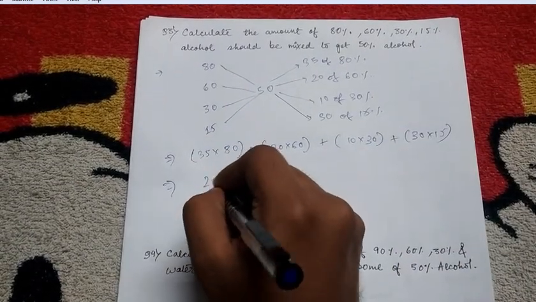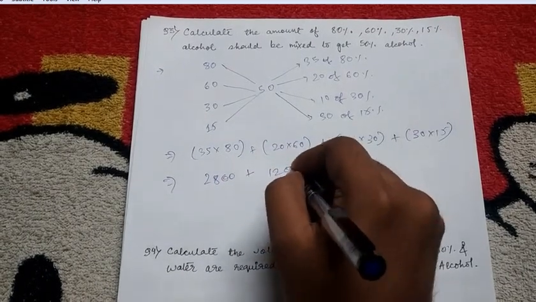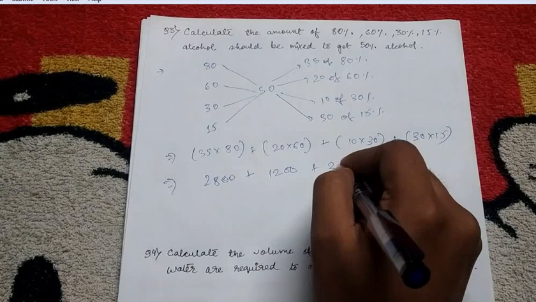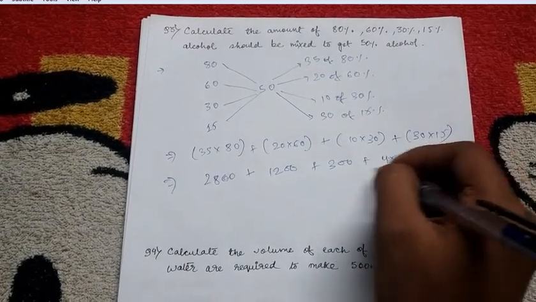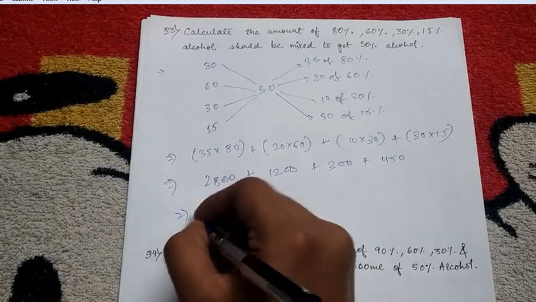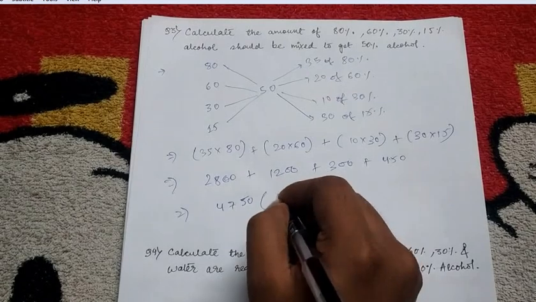So we get 2800 plus 1200 plus 300 plus 450. To add, we get 4750, which is the total amount.